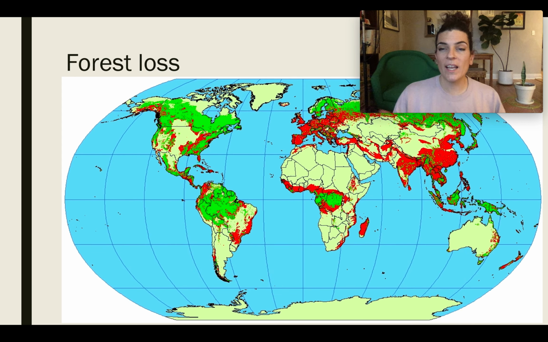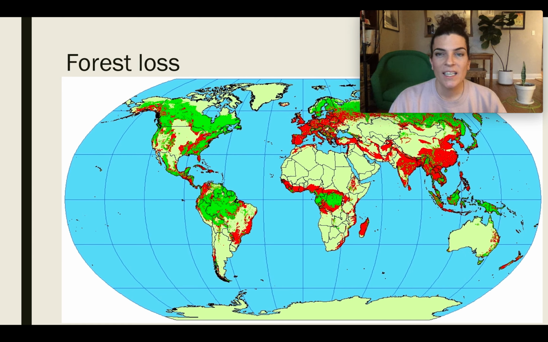All of this cropland has also led to a lot of forest loss. So much of the forested land across the globe has been removed and replaced by either croplands or, of course, cities and settlements.